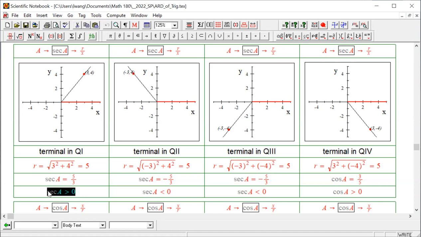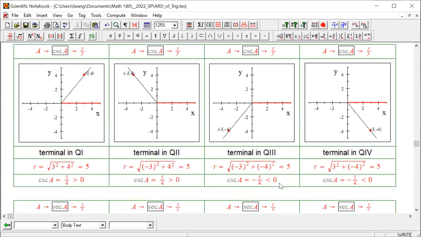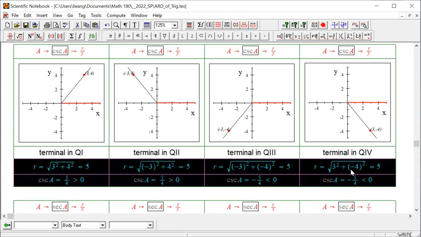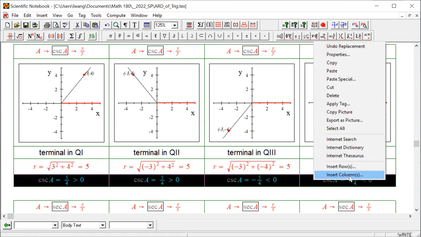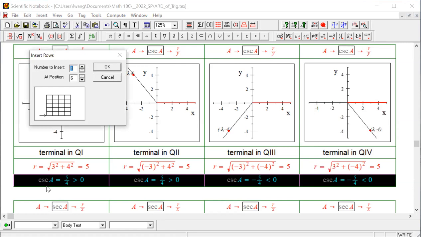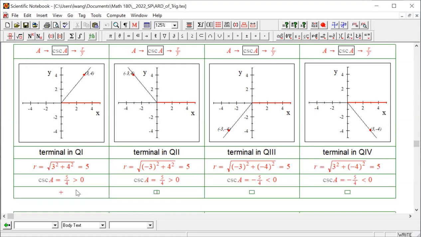We can also use positive and negative signs. That's a negative sign, and that's a positive. So let's finish that: that's going to be 5 over 3, positive. And for cosine, we could have done the same thing and introduce another row: positive, negative, negative, positive.